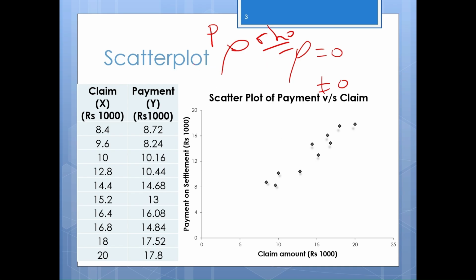And that's what I want to do now. I want to test whether the correlation coefficient in the population, this is my first hypothesis, is equal to zero, or if the correlation coefficient in the population is not equal to zero, for example.